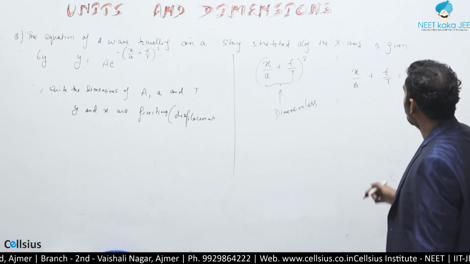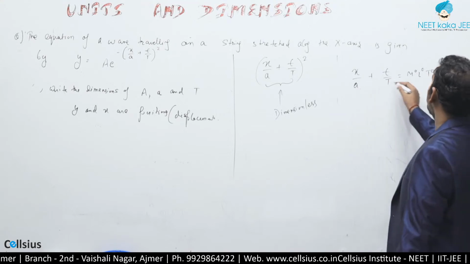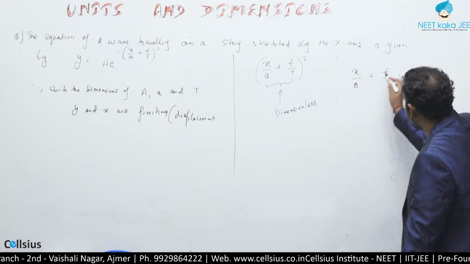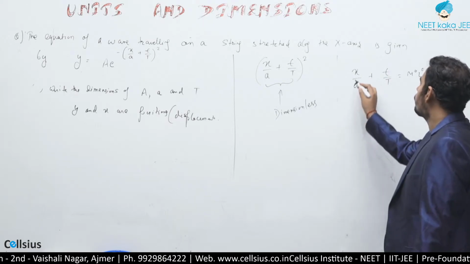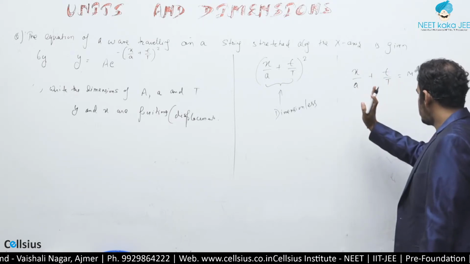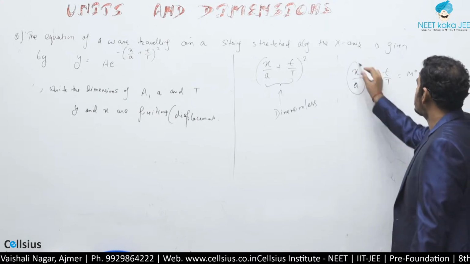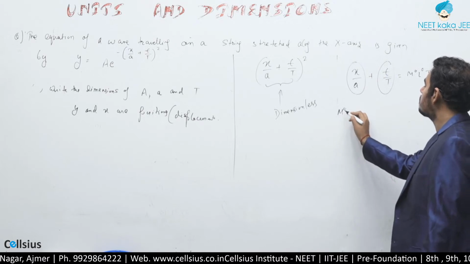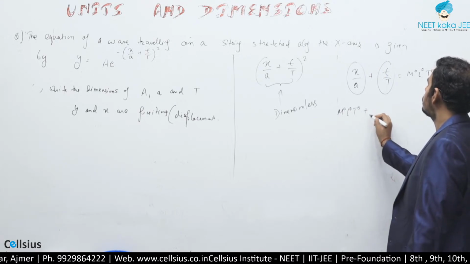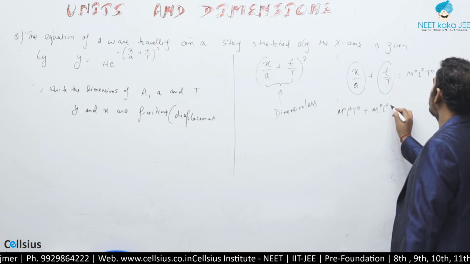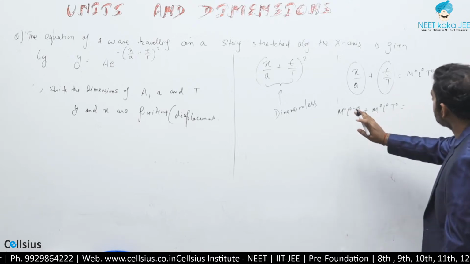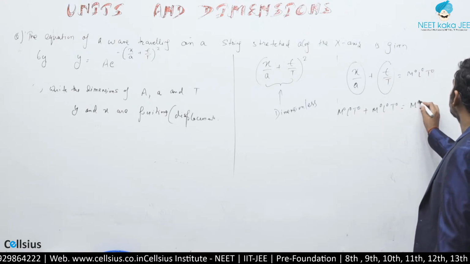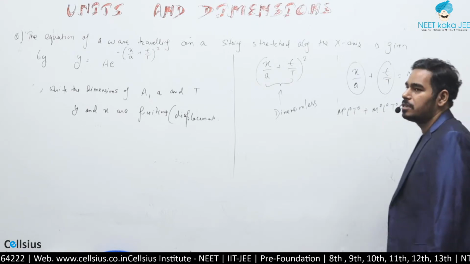Okay, now x by a plus t by t equal to m0 L0 T0, and because only same dimensions can be added, this and this can be added only if both have the same dimension. So this must also be equal to m0 L0 T0, and this must also be equal to m0 L0 T0, so that when you add m0 L0 T0 and m0 L0 T0, what you get is m0 L0 T0.